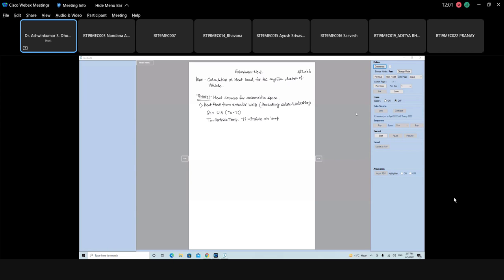Please understand that whatever we are discussing will be valid for your automobile theory class as well. A is the total area through which heat is being transferred.